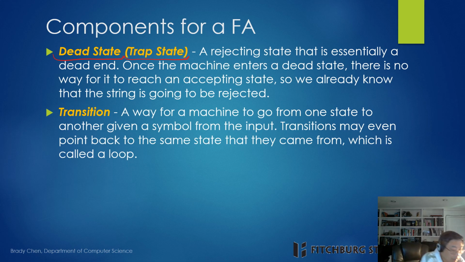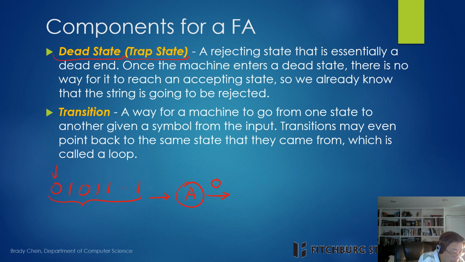So if we have an input, which could be a string of symbols, that goes into the finite automata, with the start state, let's say A. Then you read the first input, which is 0.